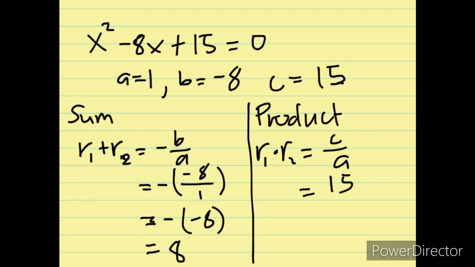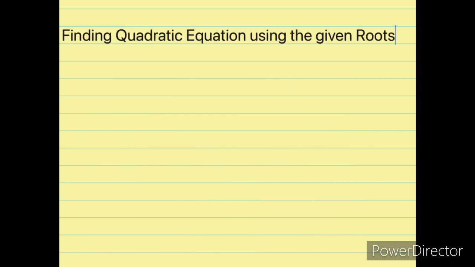Our c is 15 and our a is 1. Therefore, the product is 15 because 15 divided by 1 is still 15. Therefore, the sum and product of the quadratic equation x squared minus 8x plus 15 equals 0 is 8 and 15.